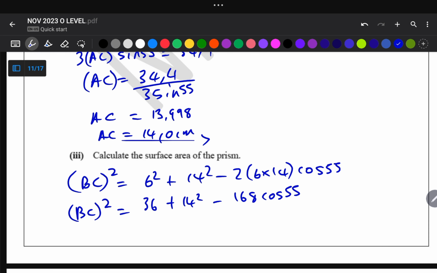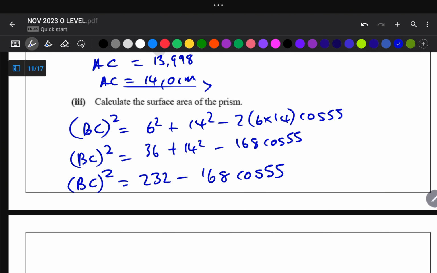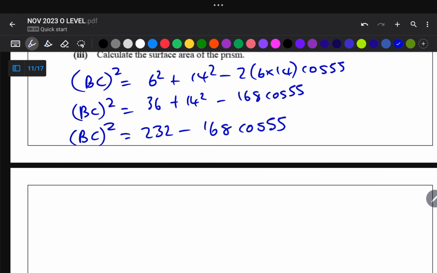Okay, so 36 plus 14 squared gives us 232. So BC squared is equal to 232 minus 168 cosine 55, and this gives us 135.6.